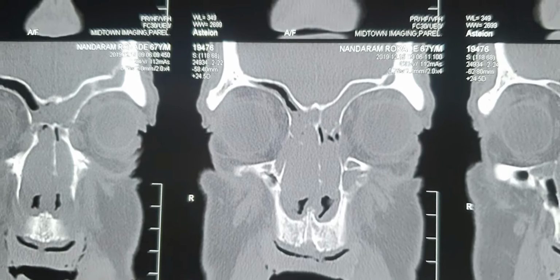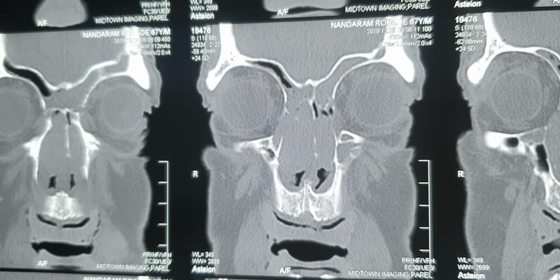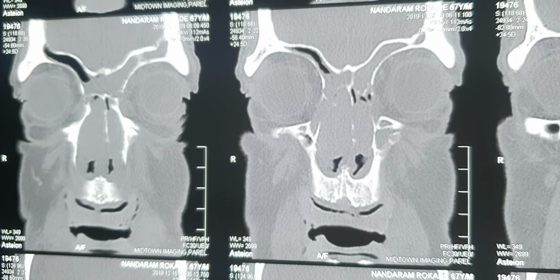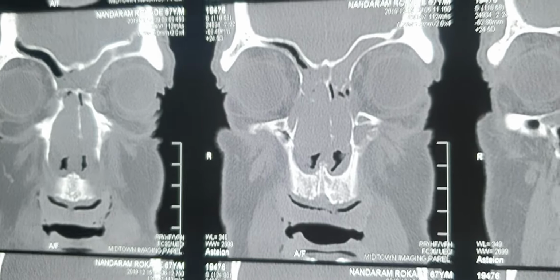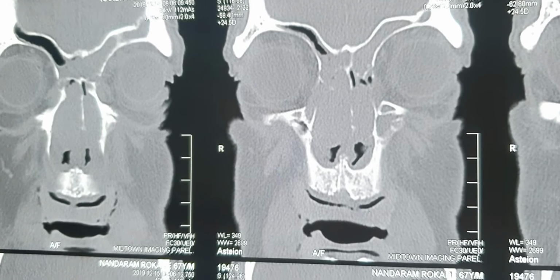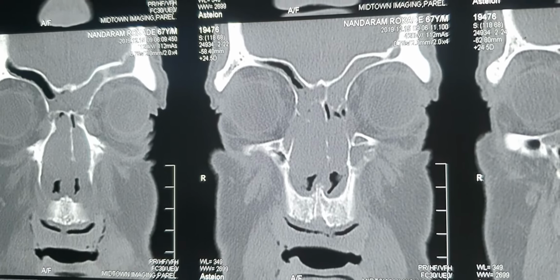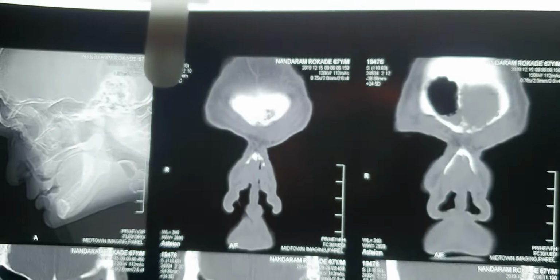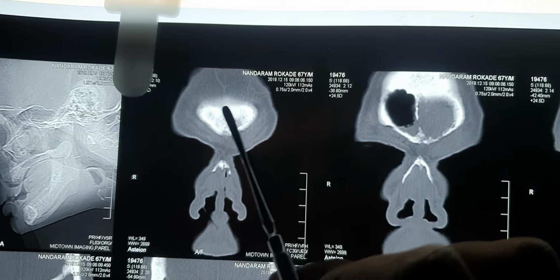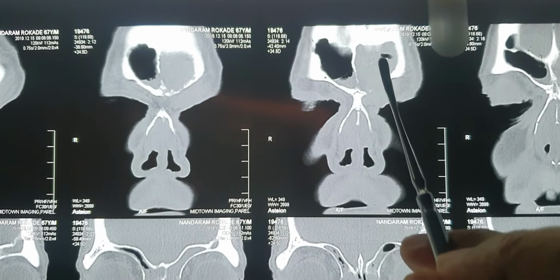Now, what is frontal recess? Frontal recess is an area posterior to the frontal sinus. I repeat, frontal recess is an area posterior to the frontal sinus wherein the frontal sinus drains. So frontal sinus is quite anterior. As we could see over here, the frontal bone, the frontal sinuses, the left one being majorly involved.